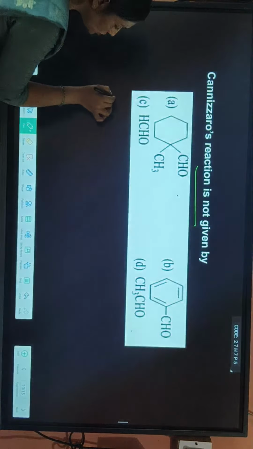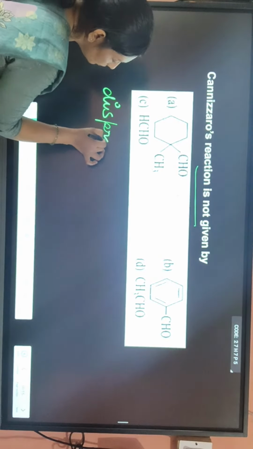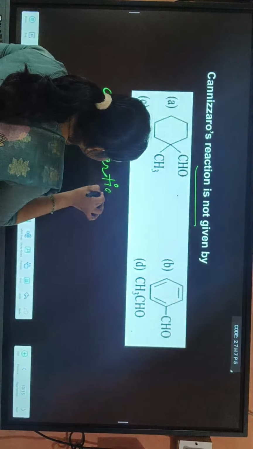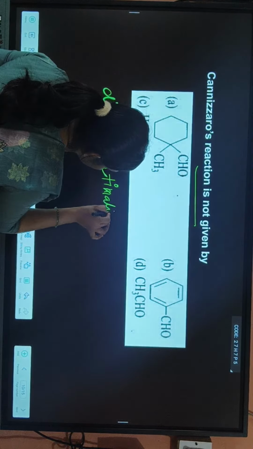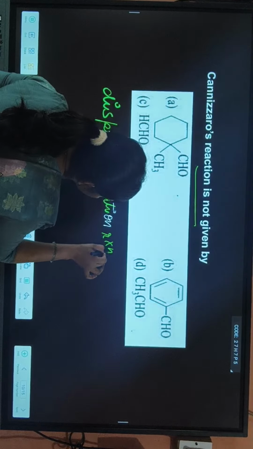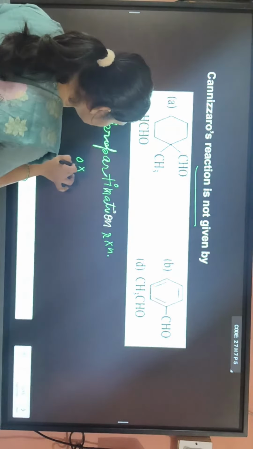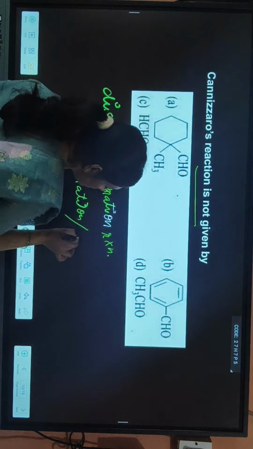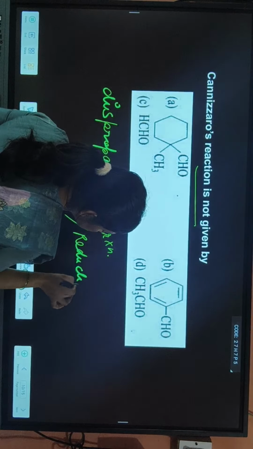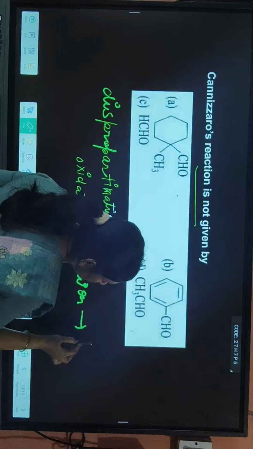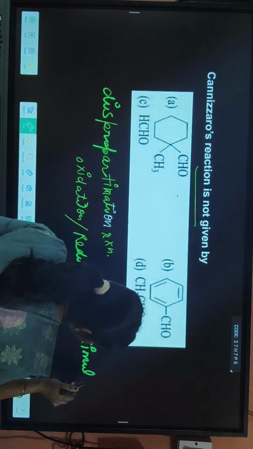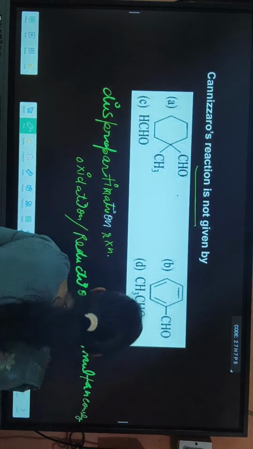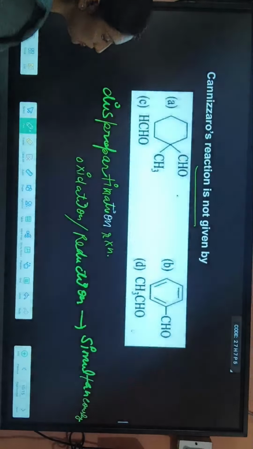It is also known as a disproportionation reaction, in which oxidation as well as reduction both take place simultaneously, okay, students.